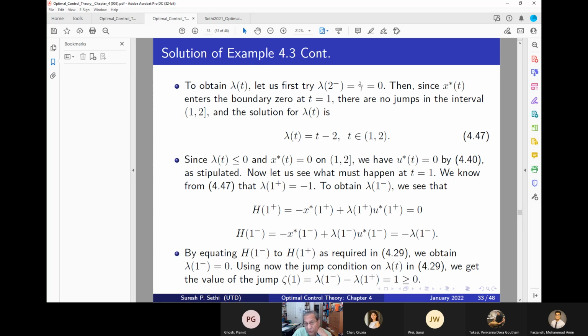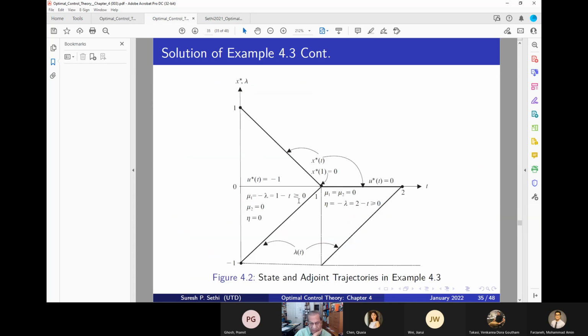If I put this to be bigger than 0, then I would have to use an open interval here. So we solve, and we get lambda t equal to t minus 2 from 1 to 2. So we basically get this equation, up to 1, open.